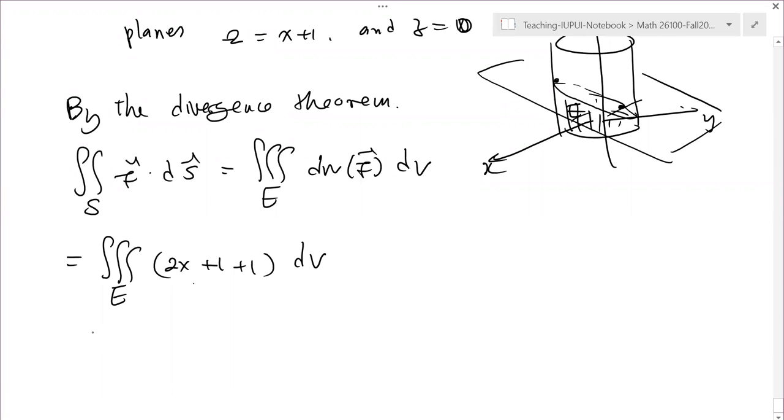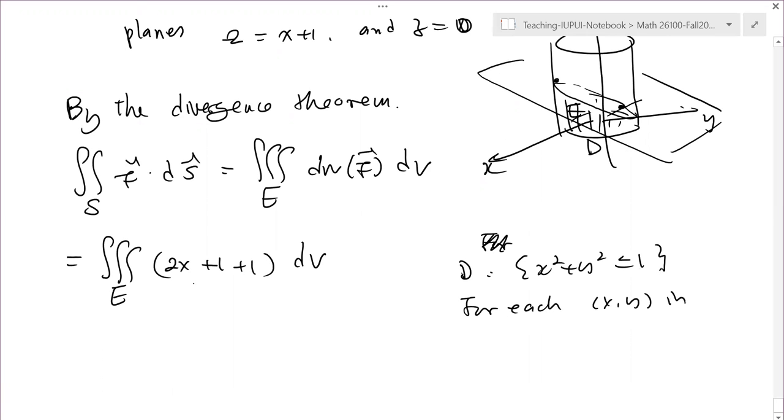Then it's a triple integral, so you have to change it to an iterated integral. The region D is the disk x squared plus y squared less than or equal to 1. For each point x, y in D, the z value is between 0 and x plus 1.